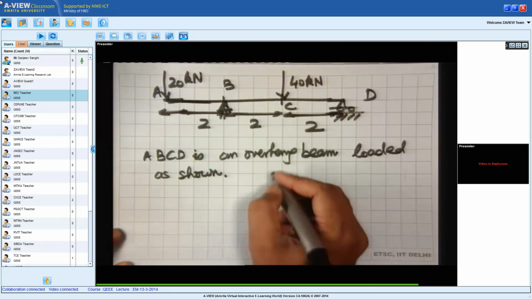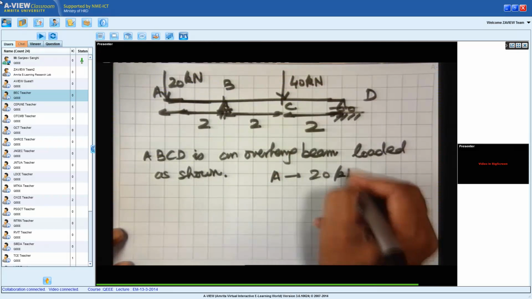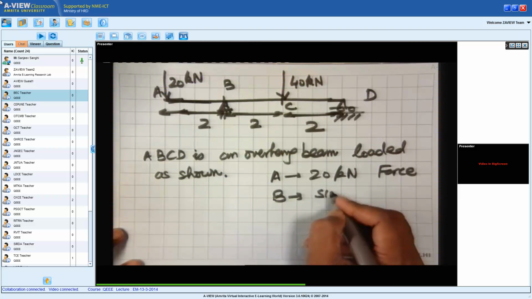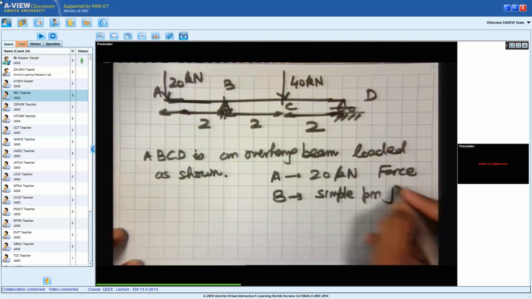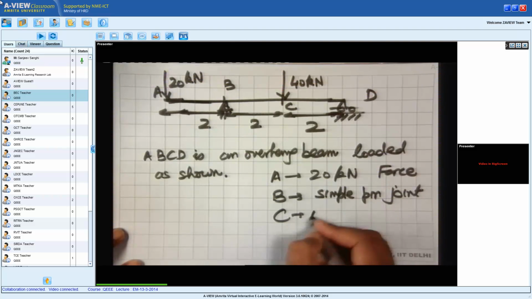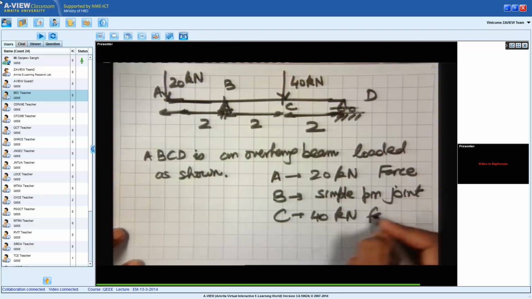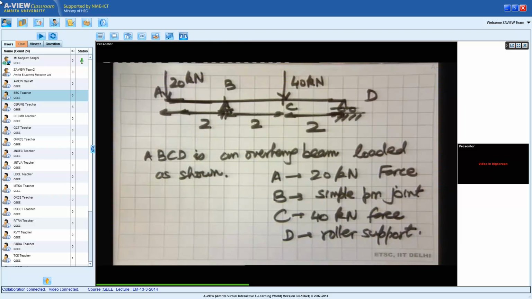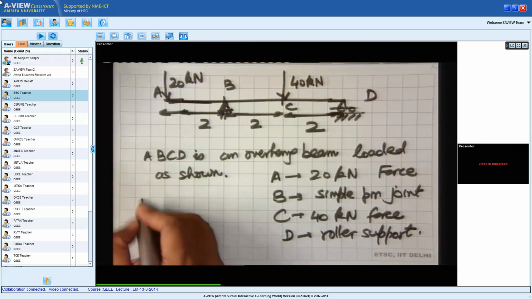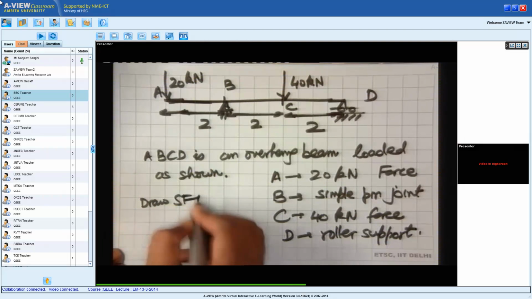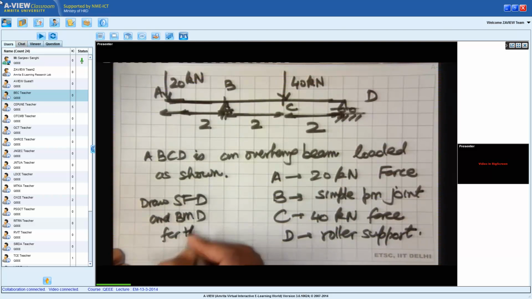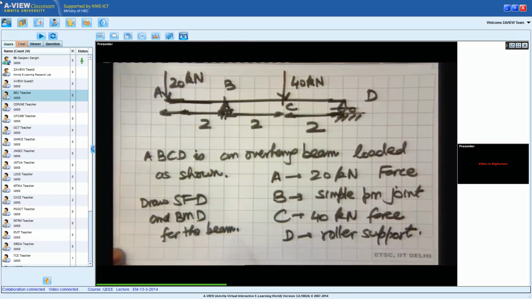So on A there's a 20 kilonewton force, on B we have a simple pin joint, on C there's a 40 kilonewton force, and at D there's a roller support. And our question is, draw the shear force diagram for the beam.